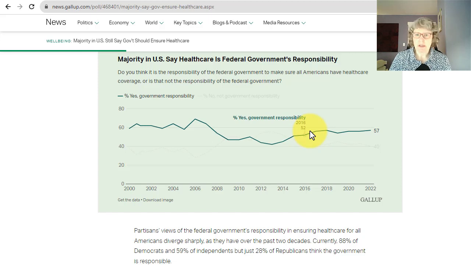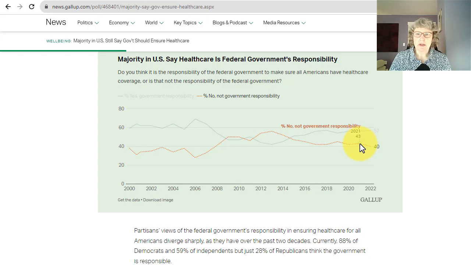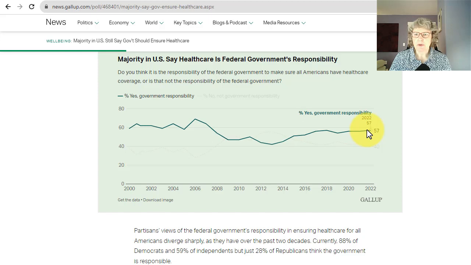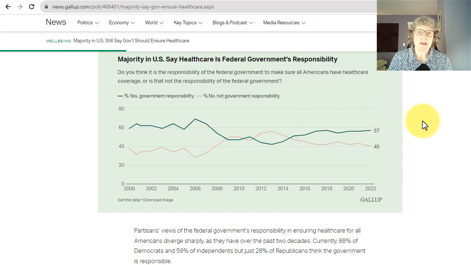People who responded, it is the government's responsibility to ensure health care. And then the other one is the red line where people say no. And you notice they may not always add up to 100, right? Because some people may be undecided. Okay, I don't know if that's non-response bias. I'm not sure. I'd have to dig more into that.